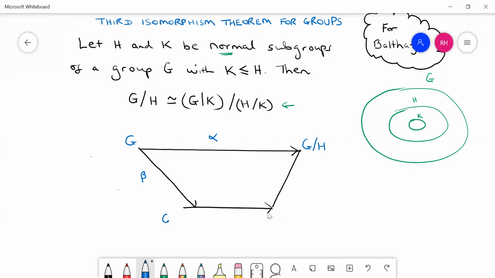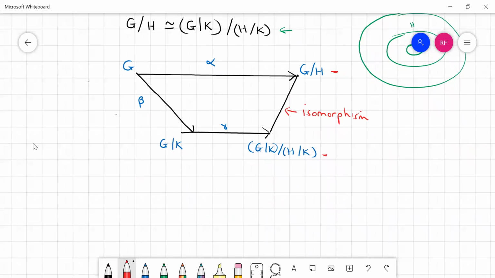So we can go G quotient out by K, and then gamma will take G quotient K, and then quotient that out by H quotient K. And what the theorem is saying is that this line here represents an isomorphism. So this is isomorphic to this. I think it will become a bit clearer when we do an example.